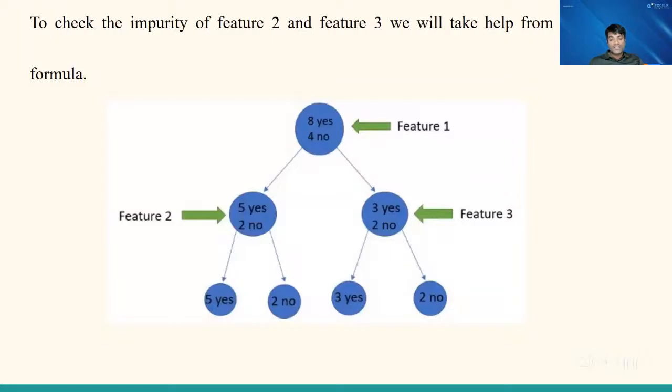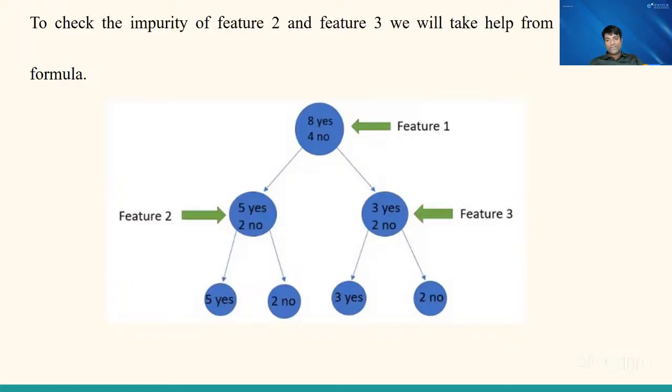Now here you can see a very small example which I have shown you. Let us split the data and check. Here you can see a yes case of 8 and a no case of 4. Feature 2 and feature 3 split the data into two parts; it's a binary split.